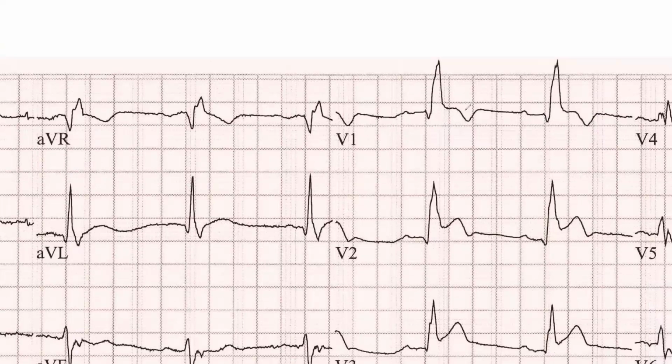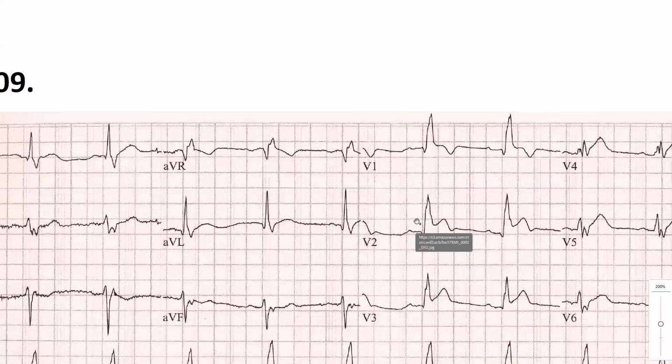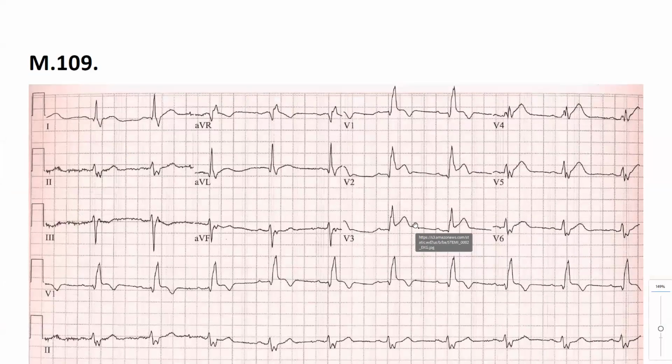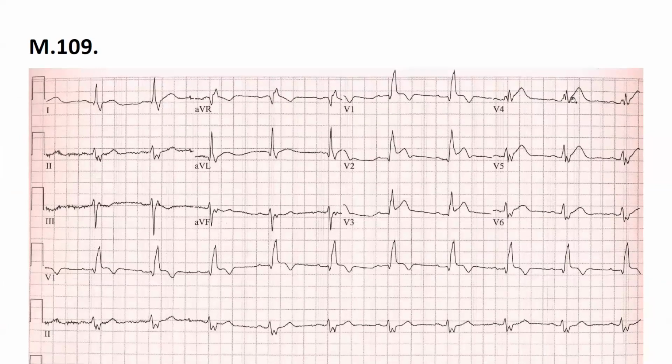Now you can go for the ST segment. Because you do see an elevation, I try to reduce the size. You do see ST elevation in V2, V3, V4.